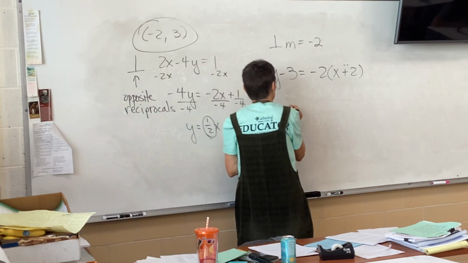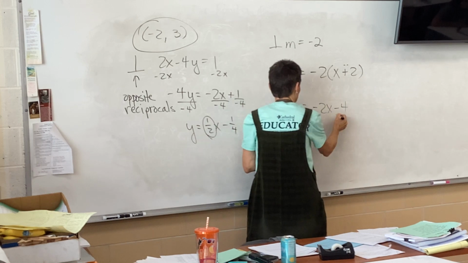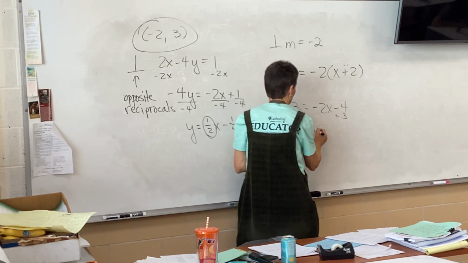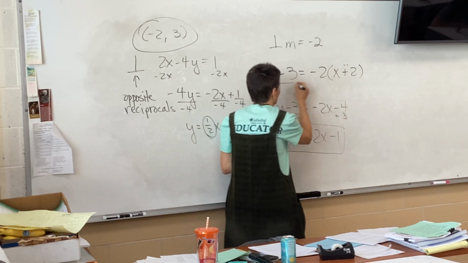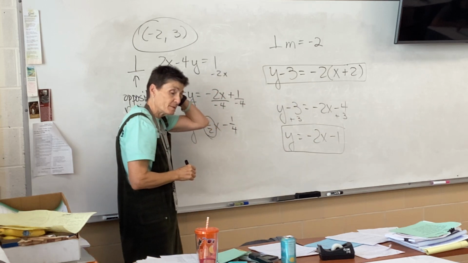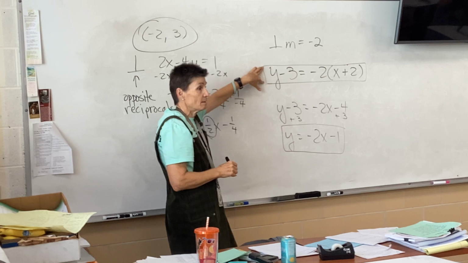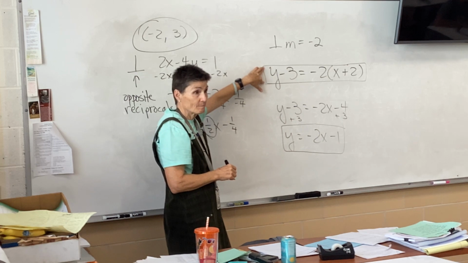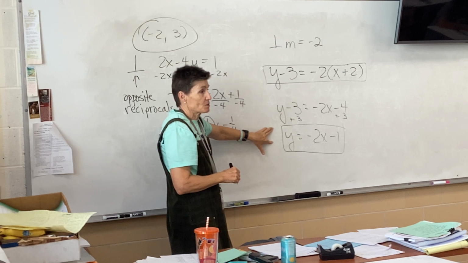Or so either one of these is fine because there are no directions. This would be the point slope answer, and this would be the slope intercept answer.